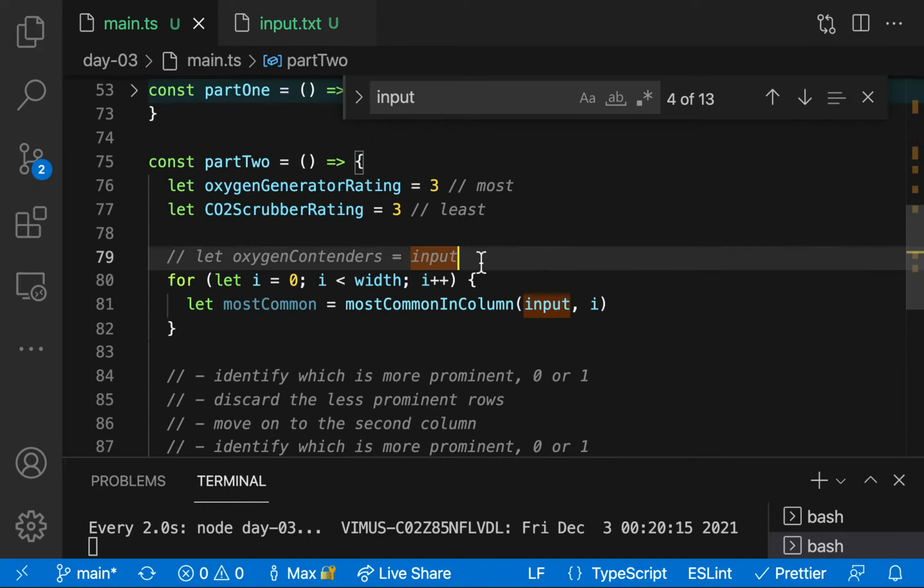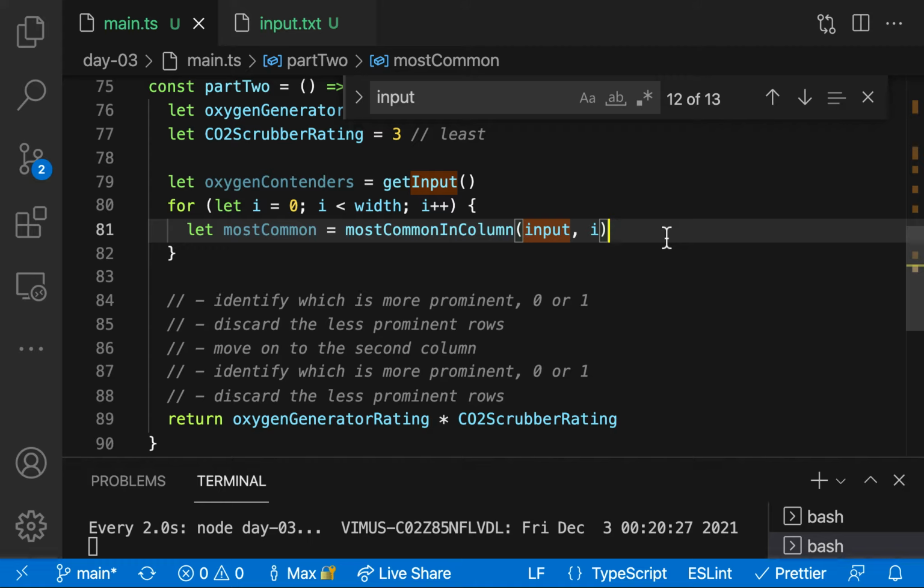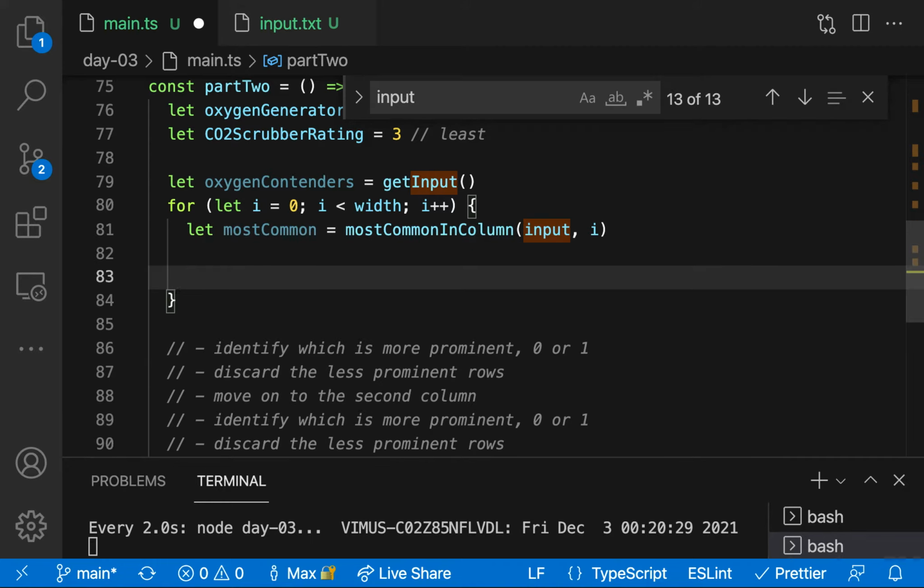Right, so I think I'll say just get the input again, because then it's a copy, we don't need to worry about anything. And then we can reassign that.